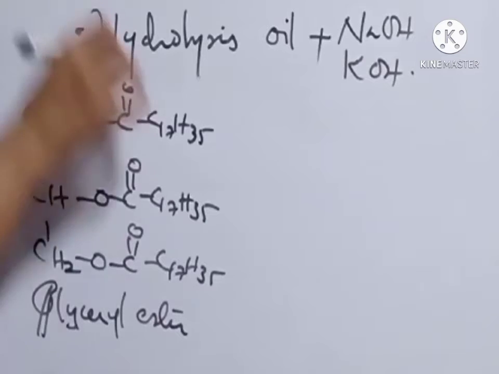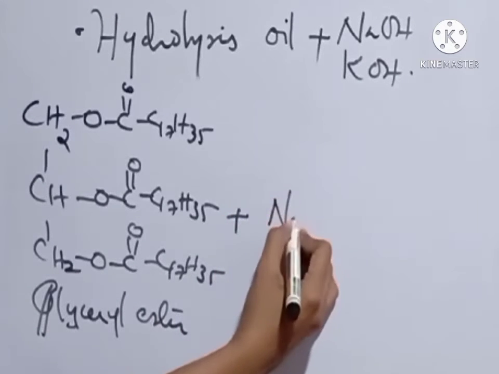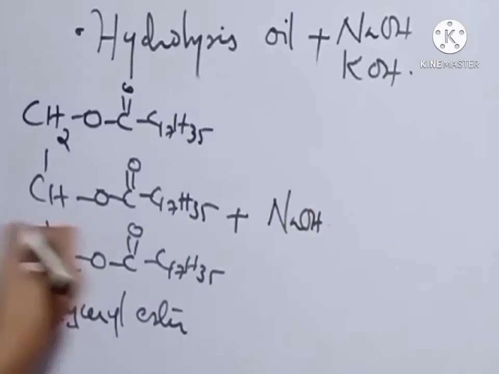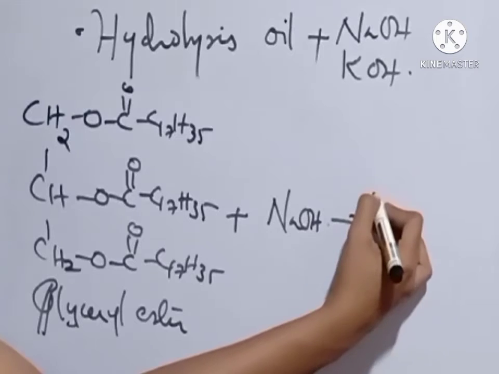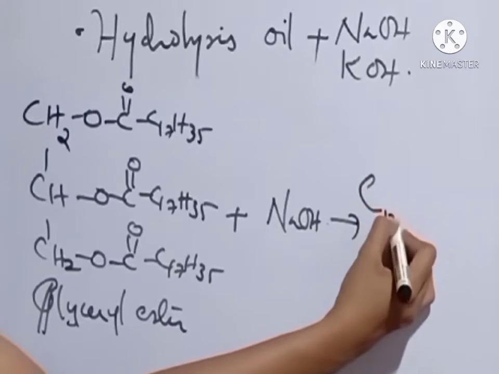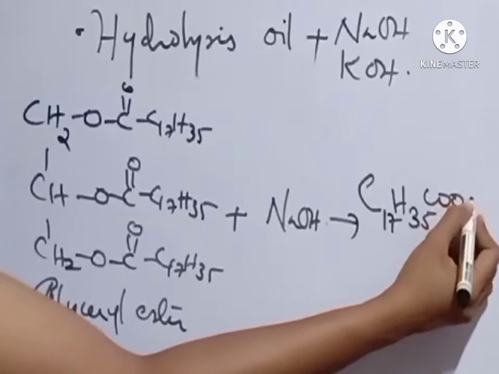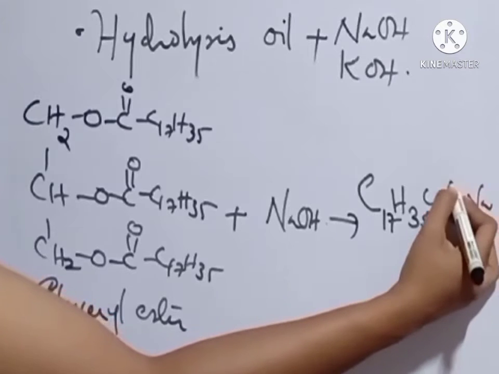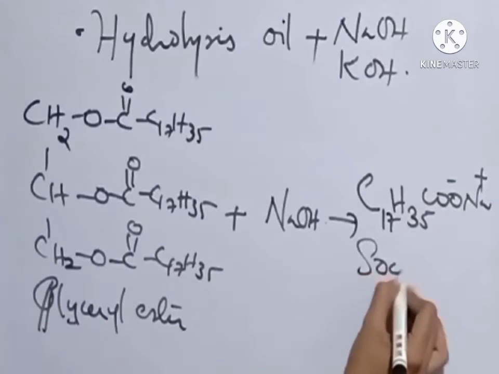So if we hydrolyze glyceryl ester in presence of sodium hydroxide, we'll get sodium stearate, that is C17H35COO- Na+. This is sodium stearate.